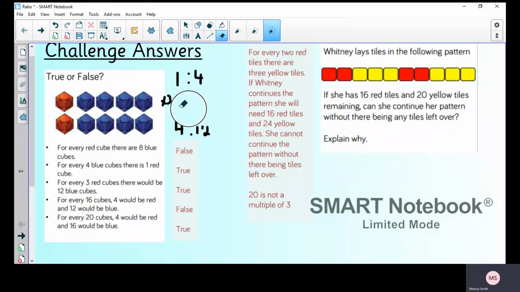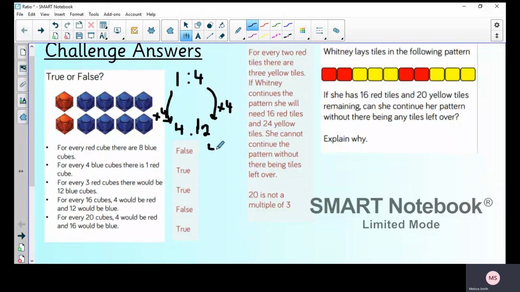But if we hadn't got that, then how could you work that out? Well, 1 times 4 is 4. 4 times 4 is 16, not 12. So our ratio would be 4 red to 16 blue, which means this one is false.